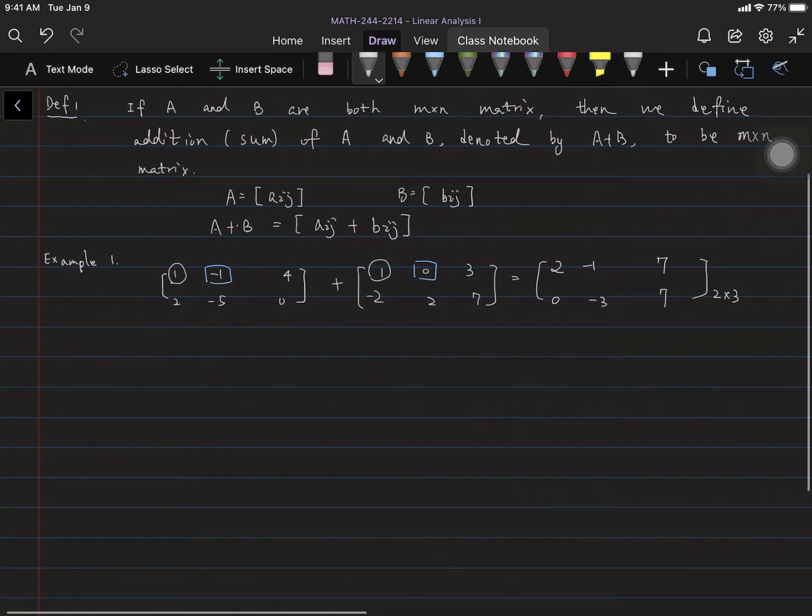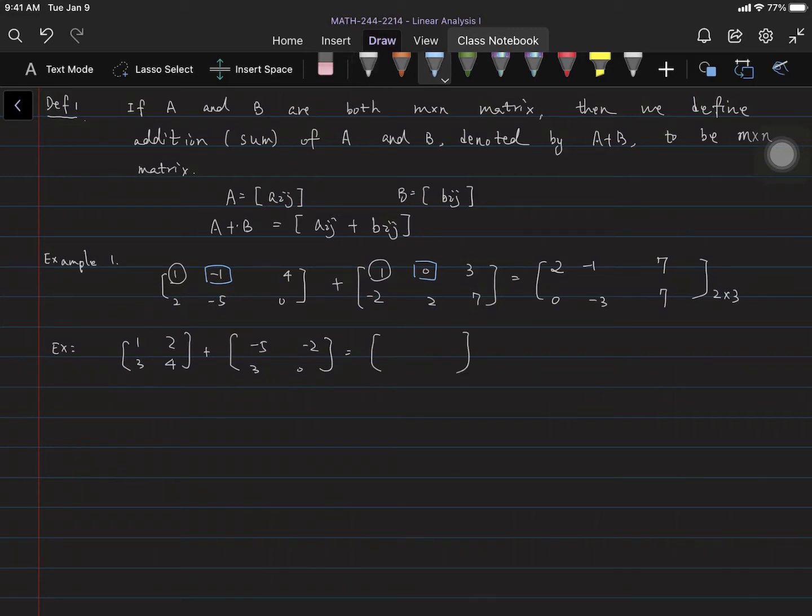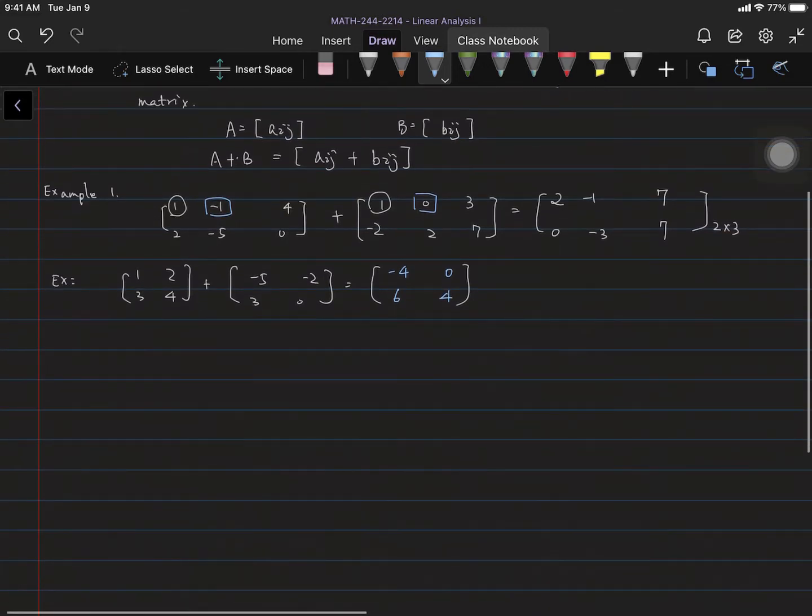Okay. And then let's try this exercise problem. 1, 2, 3, 4 add negative 5, negative 2, 3, 0. Please check your answer with mine. So it should be negative 4 here, 0, 6, 4. Very easy, right?